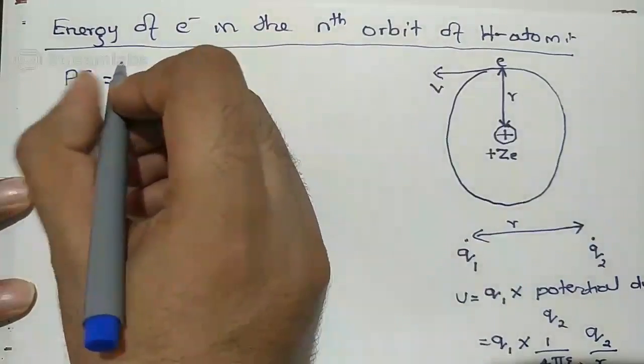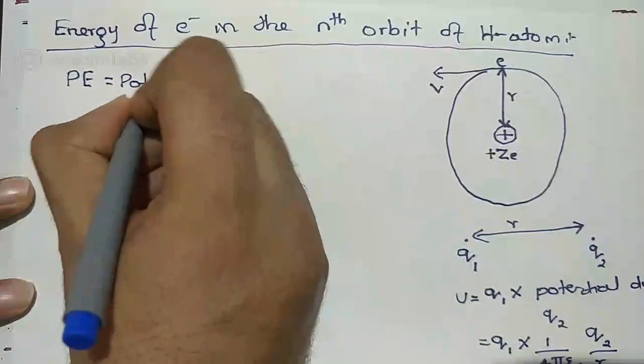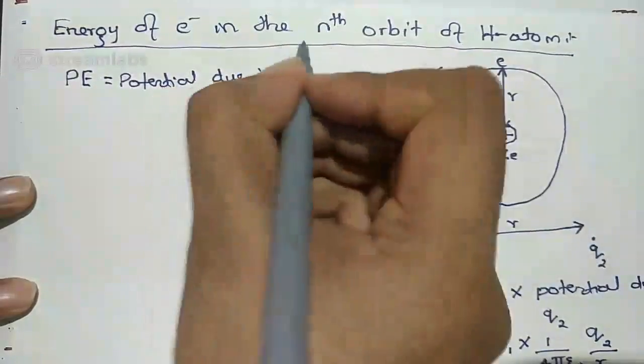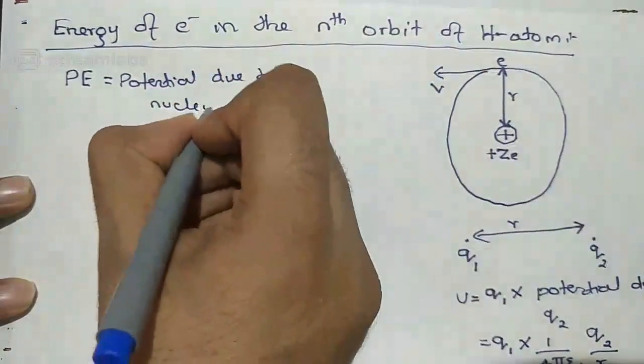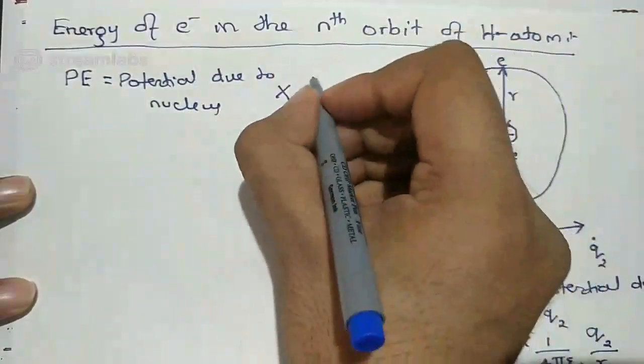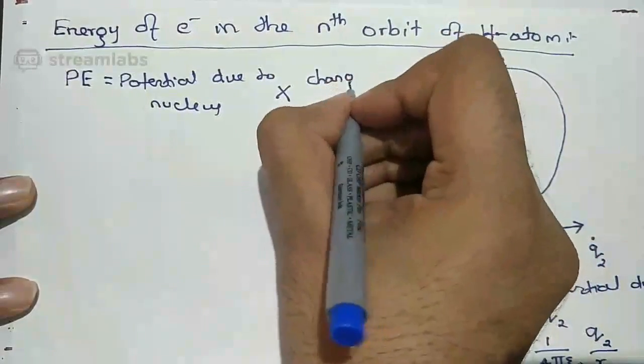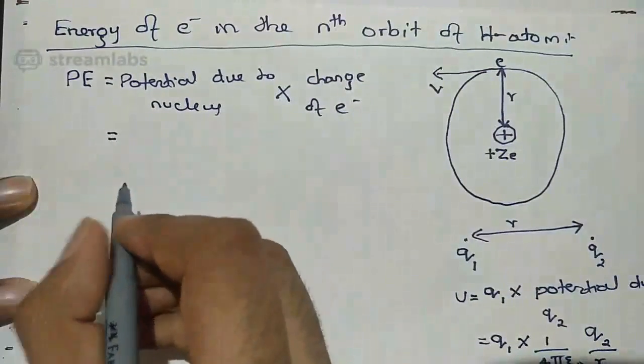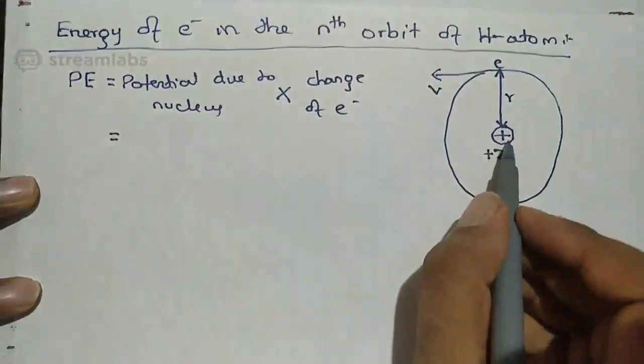So the potential energy is the potential due to the nucleus into the charge of the electron.